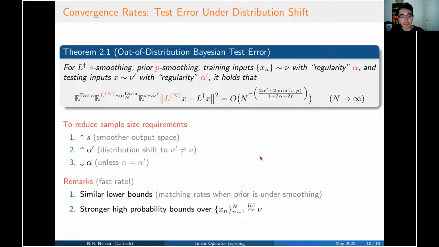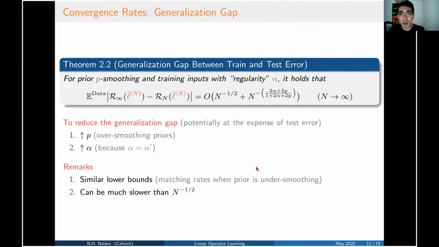Okay. So there are extensions to this theorem, but we won't get into that here. I will mention that we have a similar result for the generalization gap. So this is again the gap between the test error and the training error, quantifying their difference. And so in this case, I'll just note that the error is dominated by some sort of traditional Monte Carlo term, which decays like n to the minus a half.